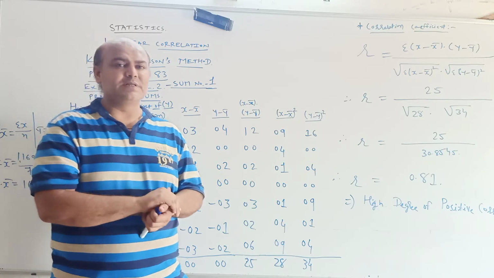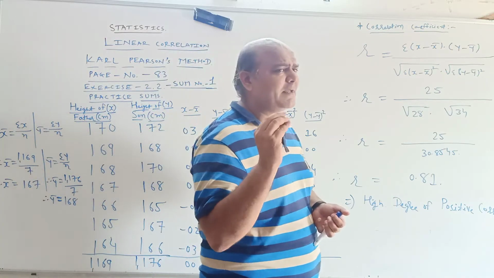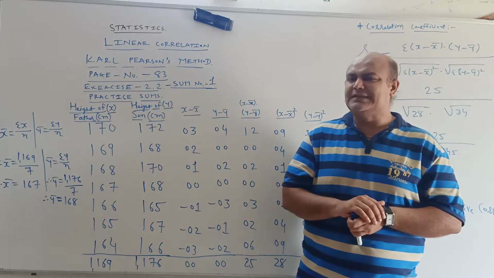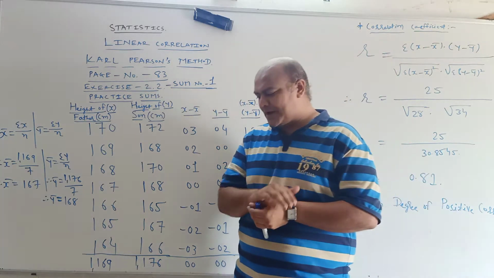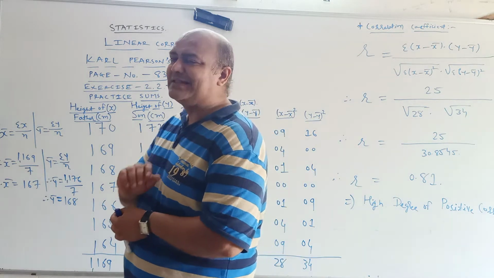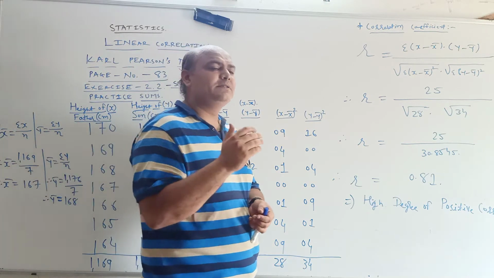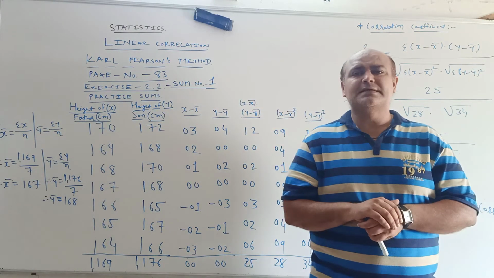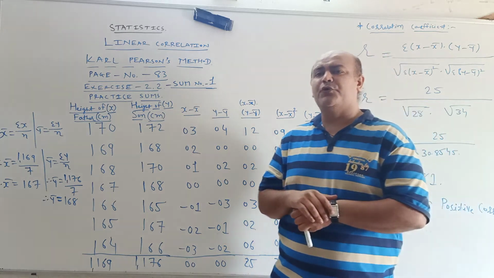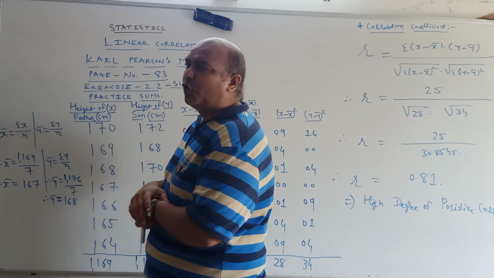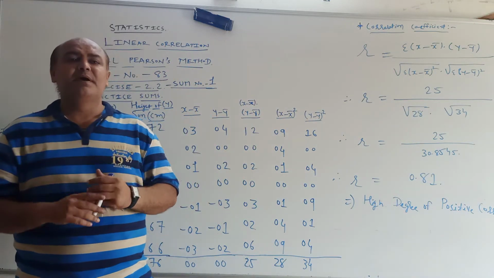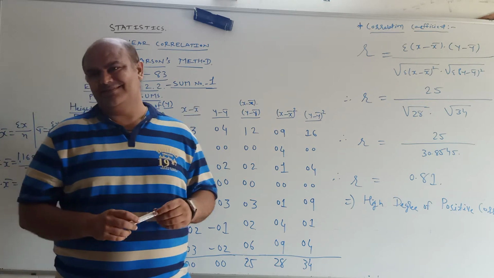And remember students, whatever method you apply, whether it is the x minus x bar method, the xy method, or the UV method, the answer of the correlation coefficient, that is r, always comes the same by any of the methods.